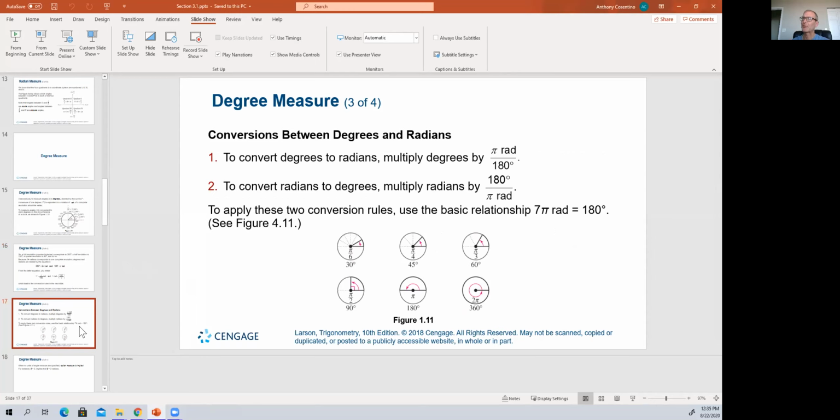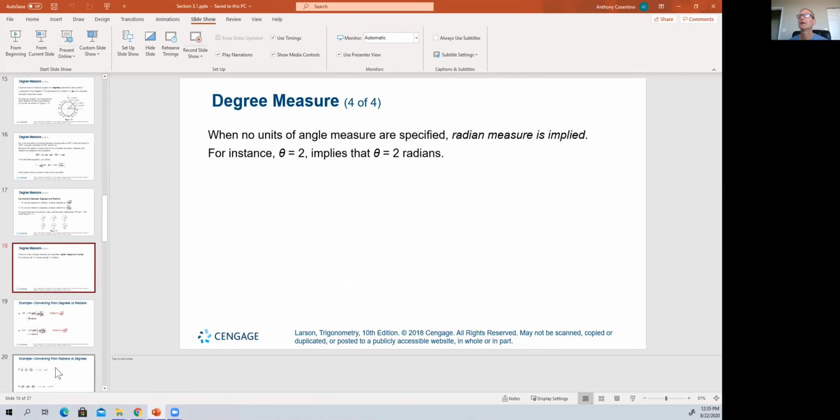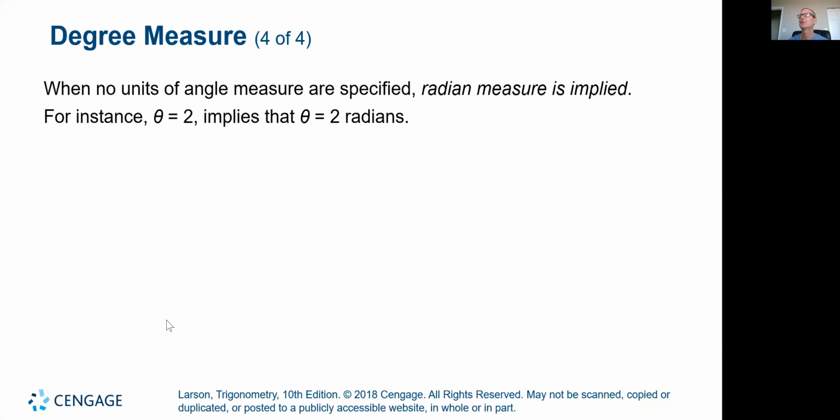So I think what you really want to just kind of put in the back of your mind here is that 180 degrees equals pi radians. And with that, depending on how you want to convert going back and forth, you'll see what you put, say, in the denominator or in the numerator.